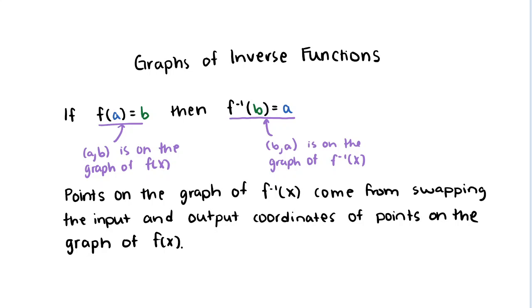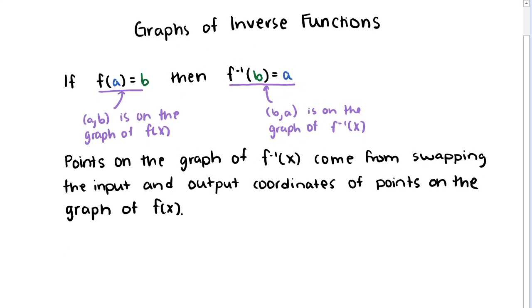And so really the relationship between the points on the graphs of these two functions is that the points have their coordinates switched. Right? A comma b is on the graph of f, and b comma a is on the graph of f inverse. So I can think of the graph of f inverse as just taking all the points on the graph of f and swapping their x and y coordinates.